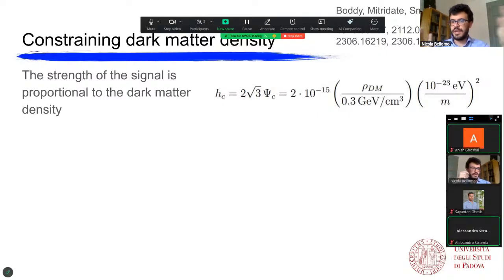So how do we distinguish this from a true gravitational wave? Well, first of all, this sort of effect will not show up in a Hellings-Downs curve. But we can also reverse the argument and say, what if we don't detect this extra effect generated by fuzzy dark matter? In that case, we can put constraints on the abundance of dark matter actually contained in our galaxy.